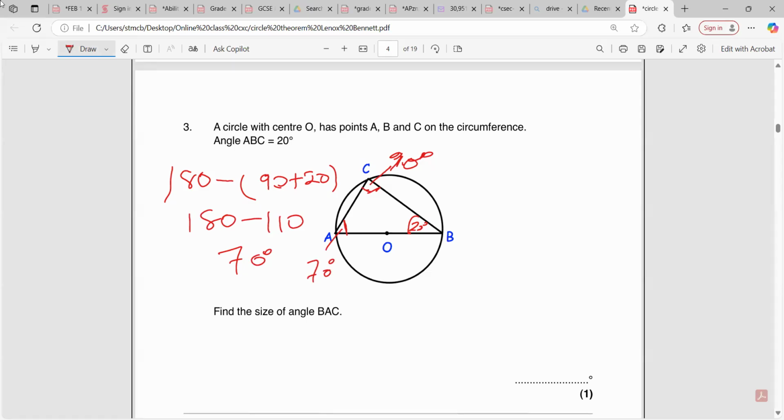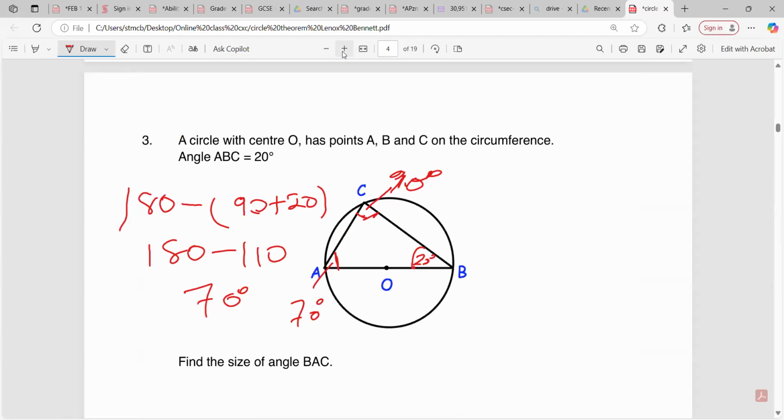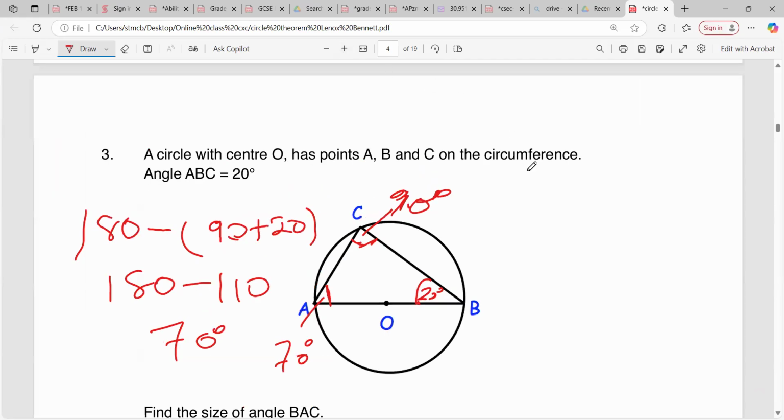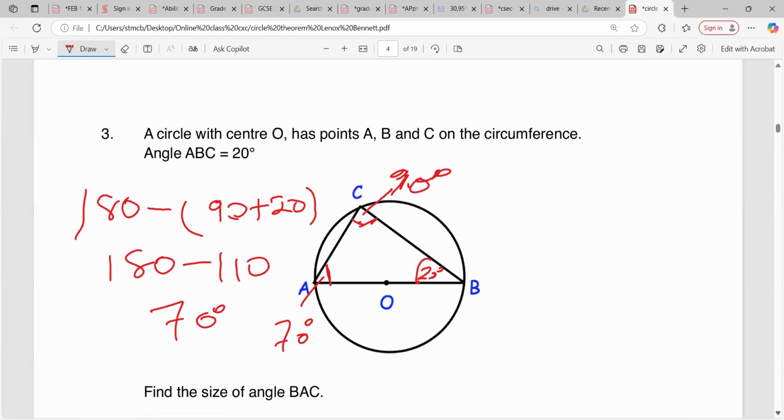I think I can make this a little bigger, just in case somebody has a phone. So that would be 20. Remember, guys, the interior angles of any given triangle add up to 180. Once we know that this is 90 degrees and this is 20, we know that this plus this would give you the 90, because all triangles sum to 180 degrees.